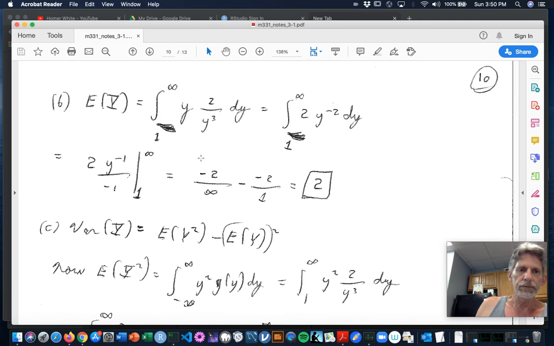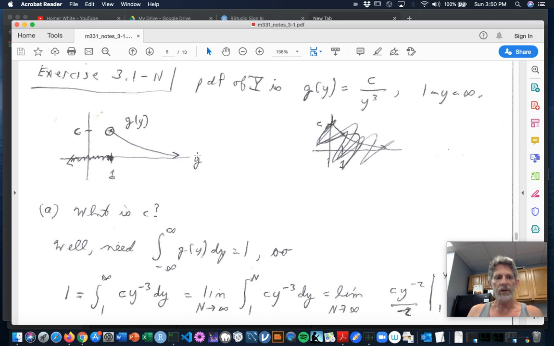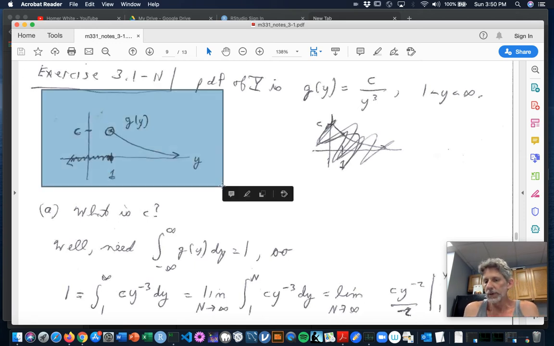so this can happen to you. This little random variable has an expected value of 2. Now the variance is supposed to be a reasonable measure of how much the random variable could be expected to differ from its expected value.